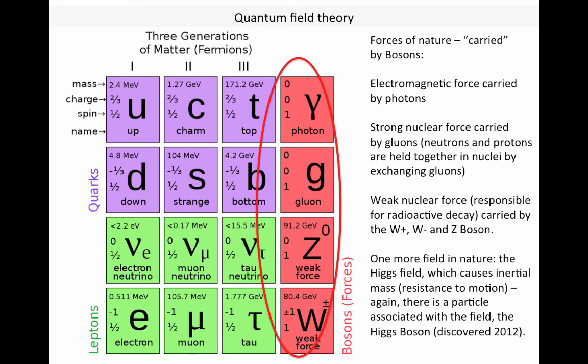There is another field in nature which has become quite famous recently, the Higgs field, which causes inertial mass. In other words, it causes resistance to motion when you apply a force to a particle. And again, it is a field, so there must be a particle associated with it, and that particle is the Higgs boson, which was discovered in 2012.